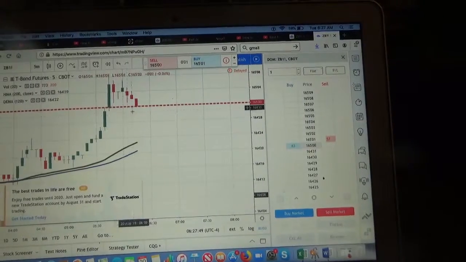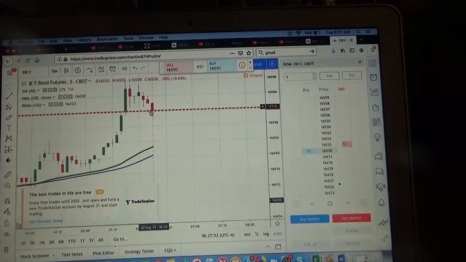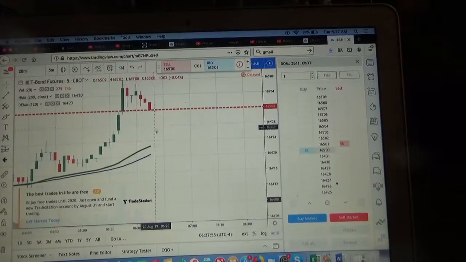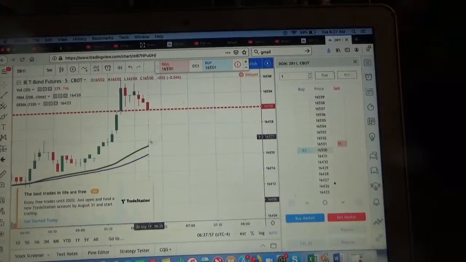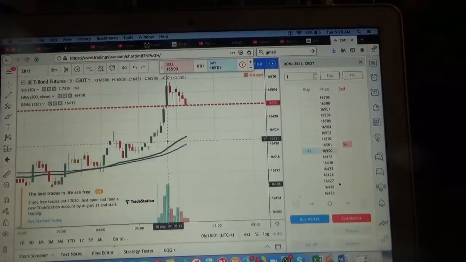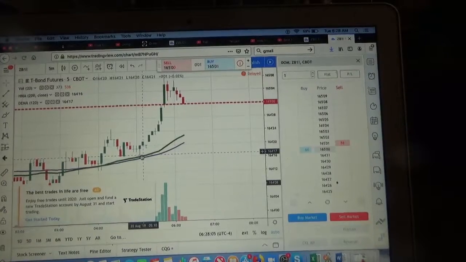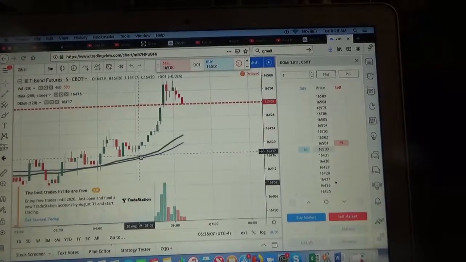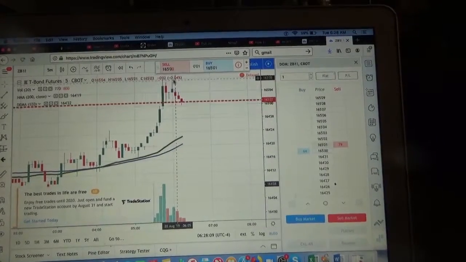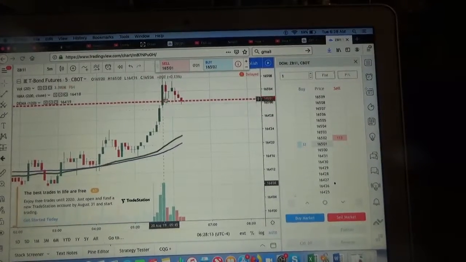So for instance, if right now you think this is going down, you might want to sell, and then as it goes down, you might want to buy back down here, so you'd make money from here to here. So for instance, this is a 164.17 down here, and up here is 165.8. So that's almost 32 ticks.